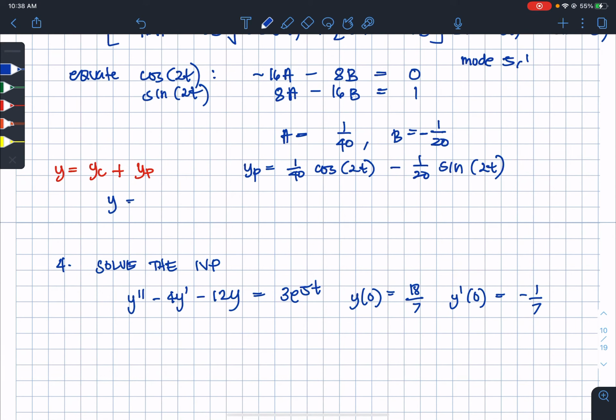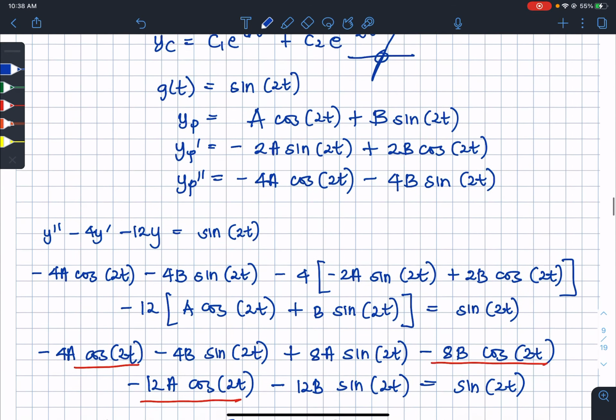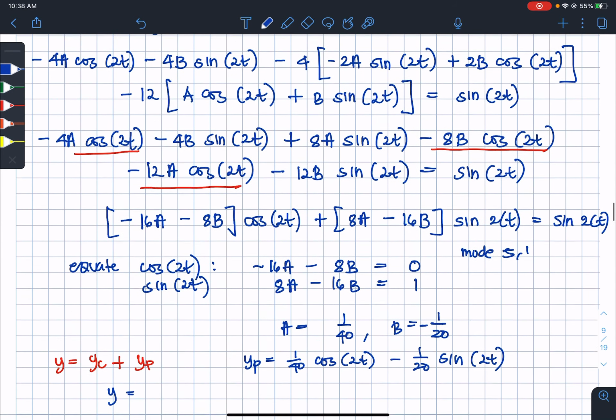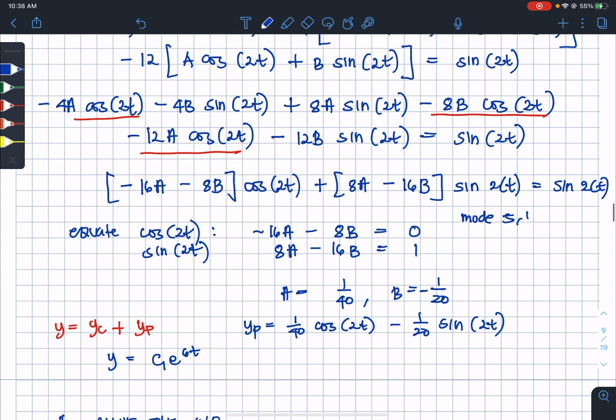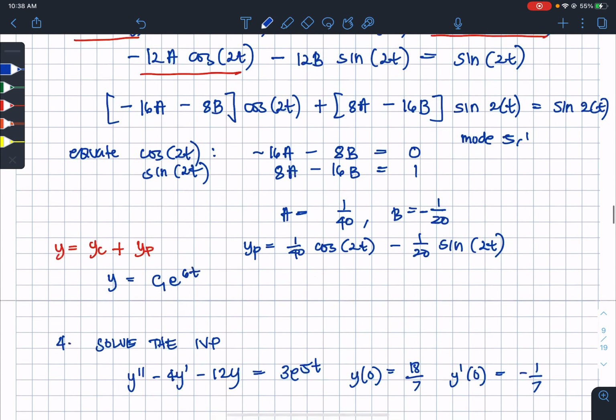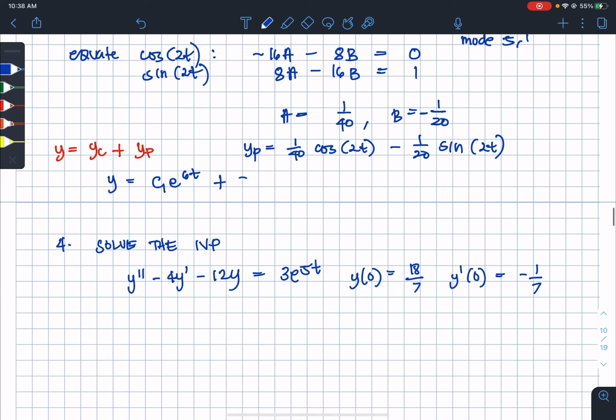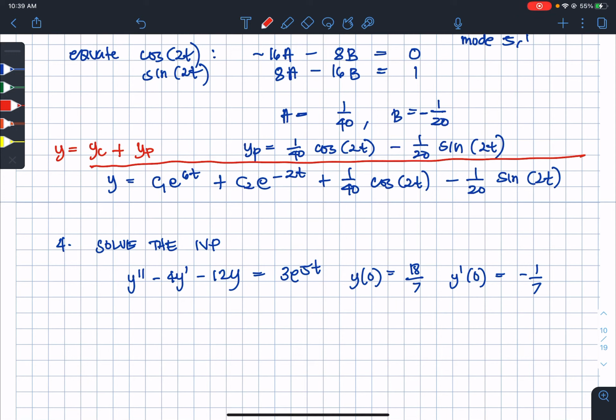So y would be equal to our y of c, which is c1 e raised to 6t plus c2 e raised to negative 2t. And then our y of p is plus 1 over 40 cosine 2t minus 1 over 20 sine 2t. And this will be our general solution.